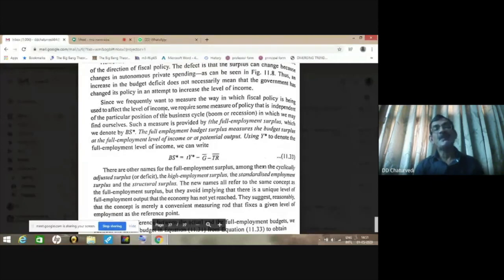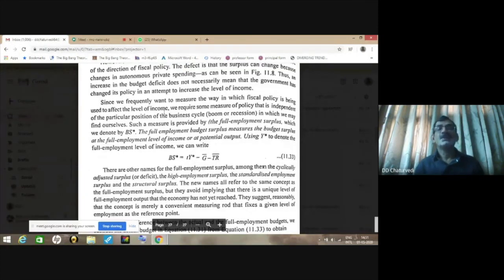And full employment level of income means the potential output level. And potential output level means you cannot go beyond this output level. It is the maximum level of output which can be achieved. And we symbolically express it by using the symbol Y star. So BS star, budget surplus star, will be equal to TY star minus G bar minus TR bar.